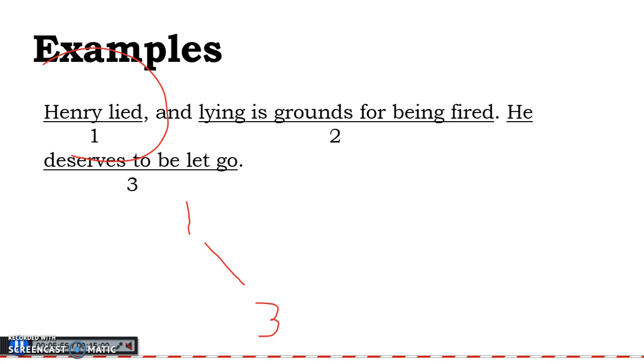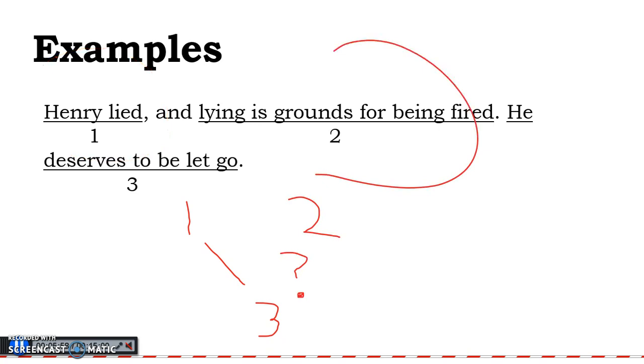But then I look at number 2, and I see a problem, because here we don't have a separate reason, really, connecting to 3, not its own separate line of argument. It's a claim that is actually tied to claim 1. Henry lied, lying is grounds for being fired, therefore. So it's not its own separate argument. It is connected to number 1.